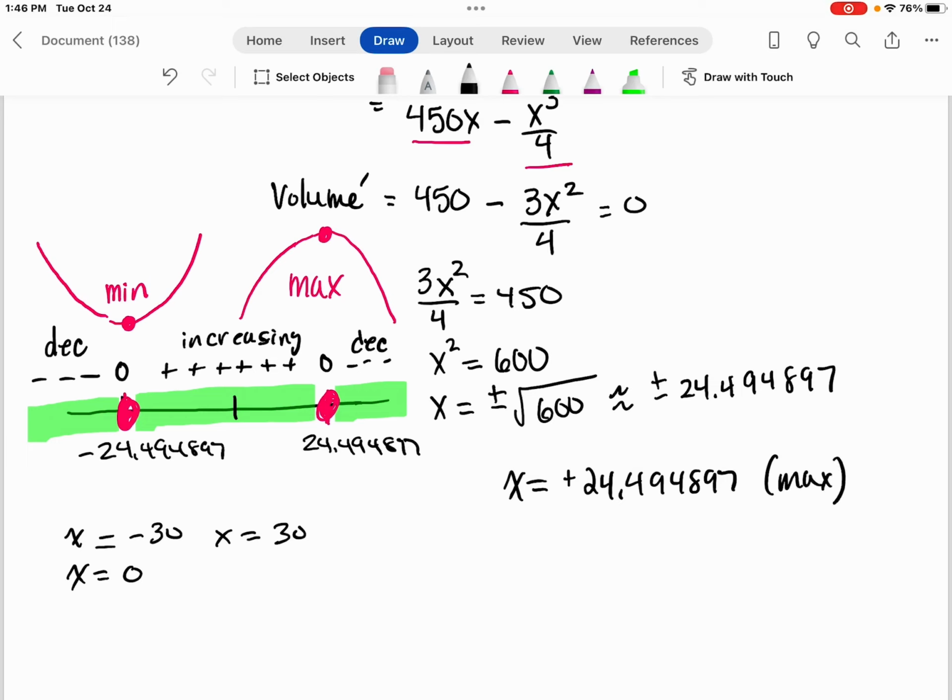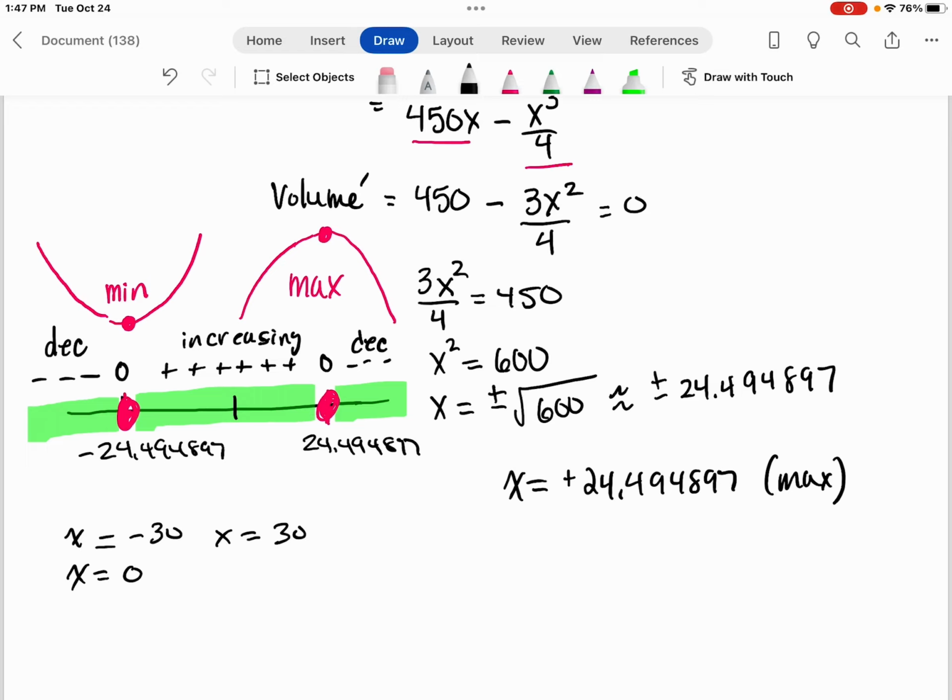Okay, now in order to find the volume of the box, now I know one of the dimensions. That's the bottom part, the x by x. I know what the dimensions are for the bottom of the box, but I also need to know the height of the box in order to find that volume that's maximized. This x maximizes the volume, so we still have to find the height.